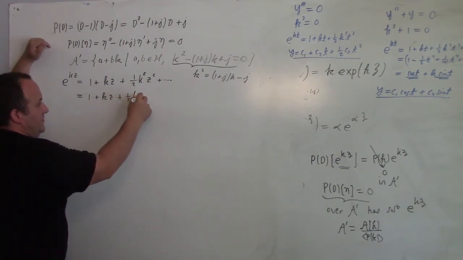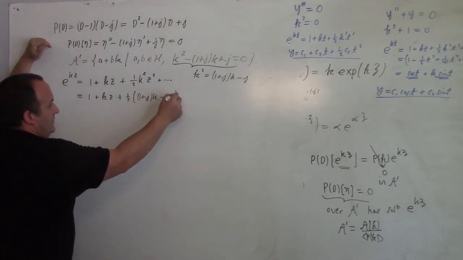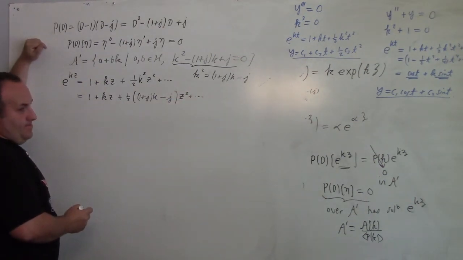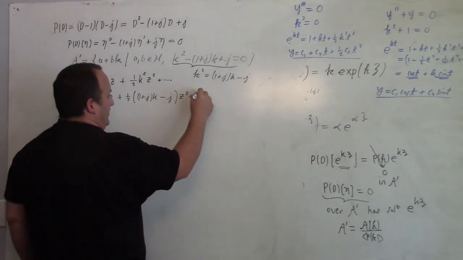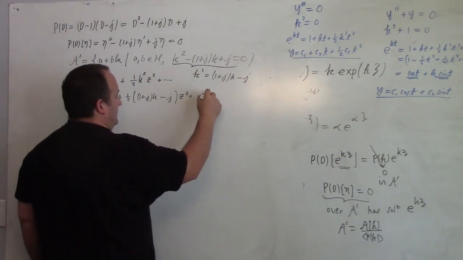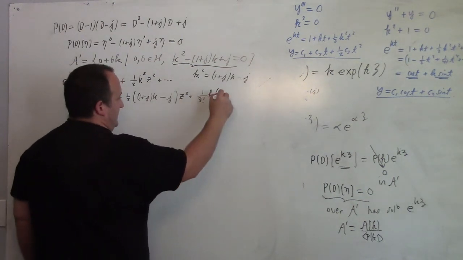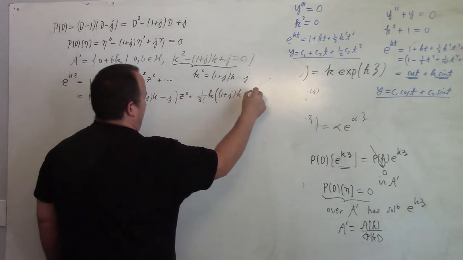It's 1 plus jk minus j, all that times z squared. All right, so what's the next thing up? The next thing up that I haven't written yet would be 1 over 3 factorial k times k squared. What's k squared? Well, k squared is 1 plus jk minus j.